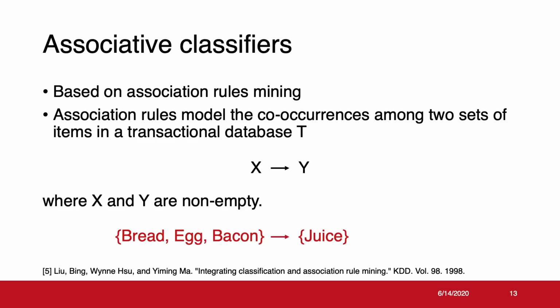Association rules model the co-occurrence among two disjoint sets of items in a transactional database. They are typically provided in the form X implies Y. In red, you can see an example as if it was extracted from a set of sales receipts in a grocery store. So, bread, egg, and bacon implies the presence of juice.